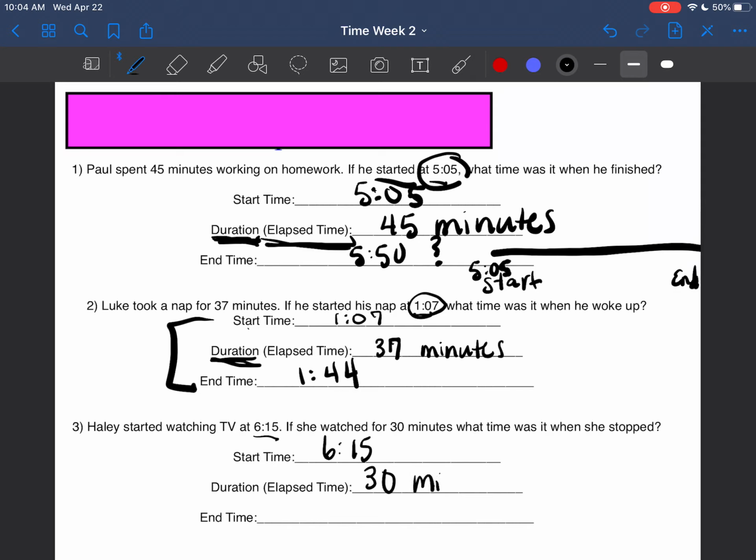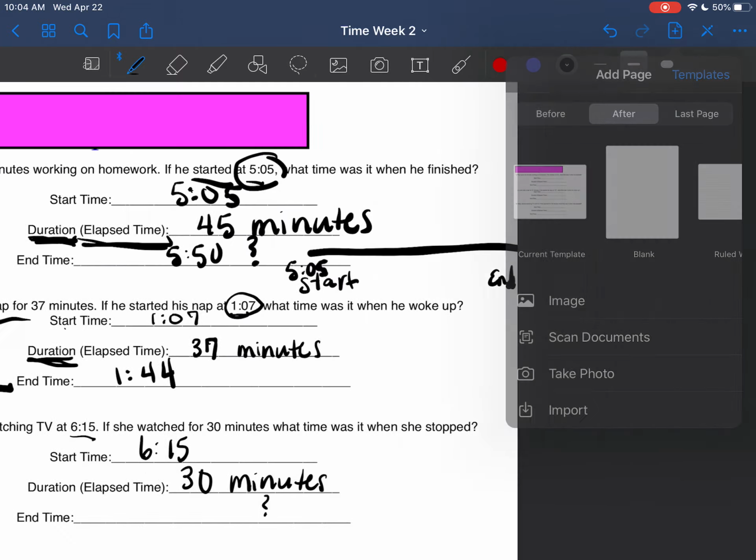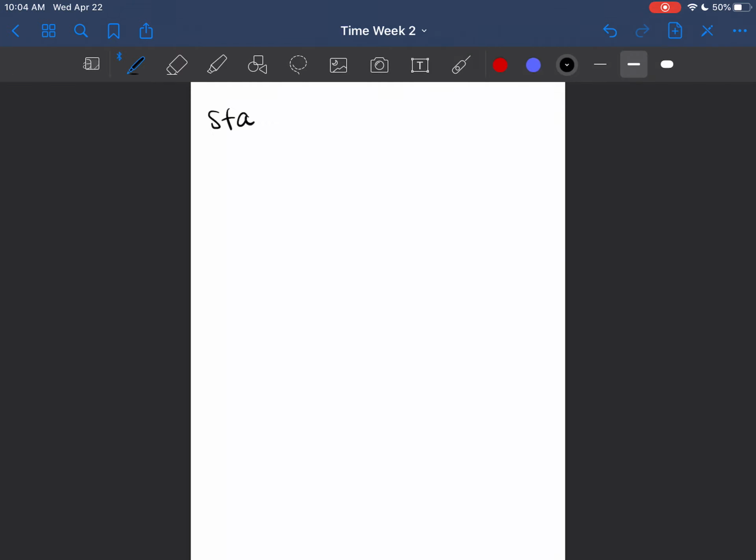That's how long she watched TV for. And we're trying to figure out what time it was when she stopped watching TV.